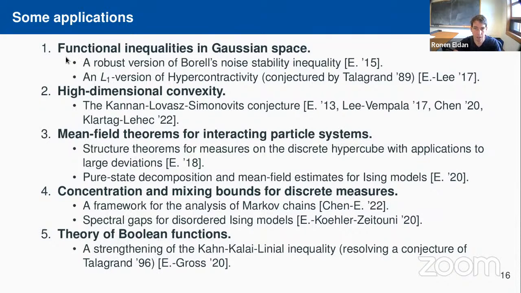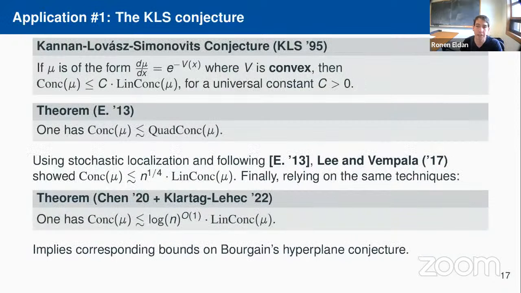Some of the applications are functional inequalities in Gaussian space, applications to high-dimensional convexity, in particular the KLS conjecture, mean field theorems and sufficient conditions for pure state decompositions, concentration and mixing bounds for discrete measures, with applications to sampling bounds for Markov chains, and also applications to the theory of Boolean functions.